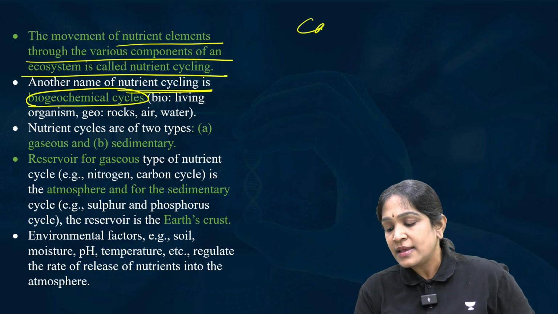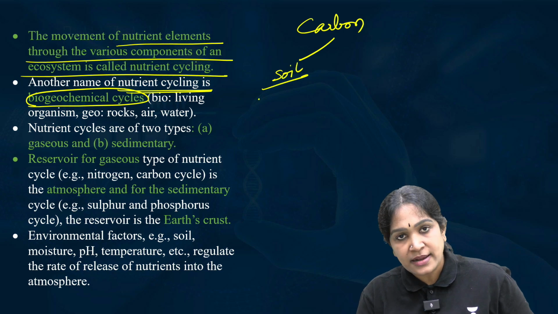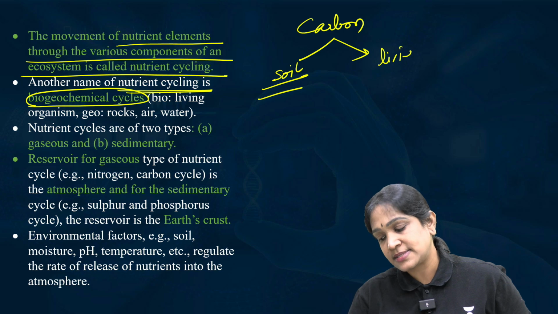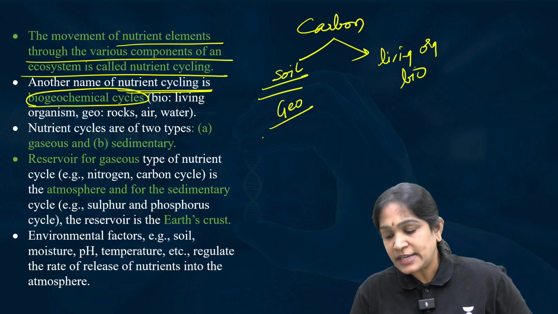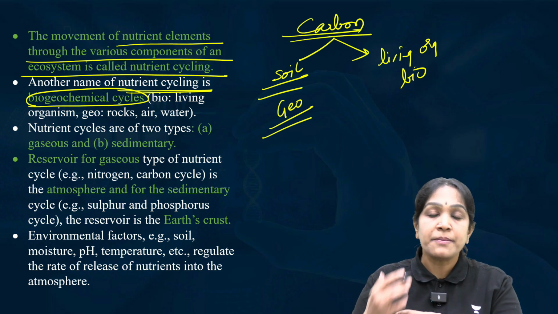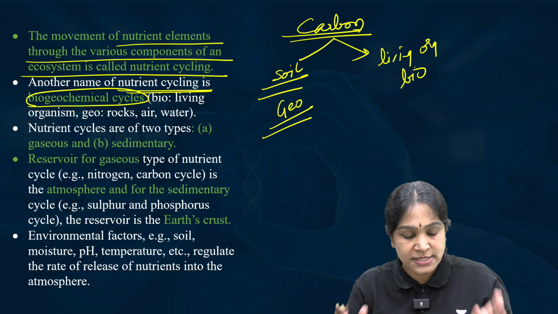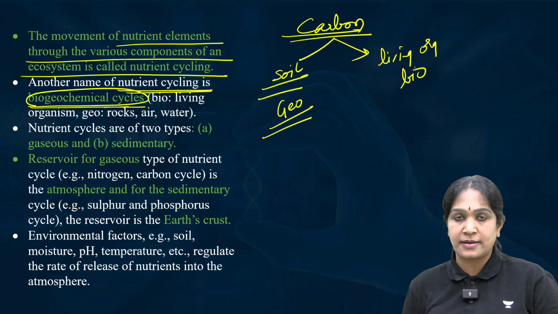For example, if you take carbon, sometimes the carbon is in the soil, sometimes the carbon is in the living organisms, right? So this is bio, this is geo. It means the carbon is cycling between biological and geological components of the ecosystem. Therefore, we call this a biogeochemical cycle.